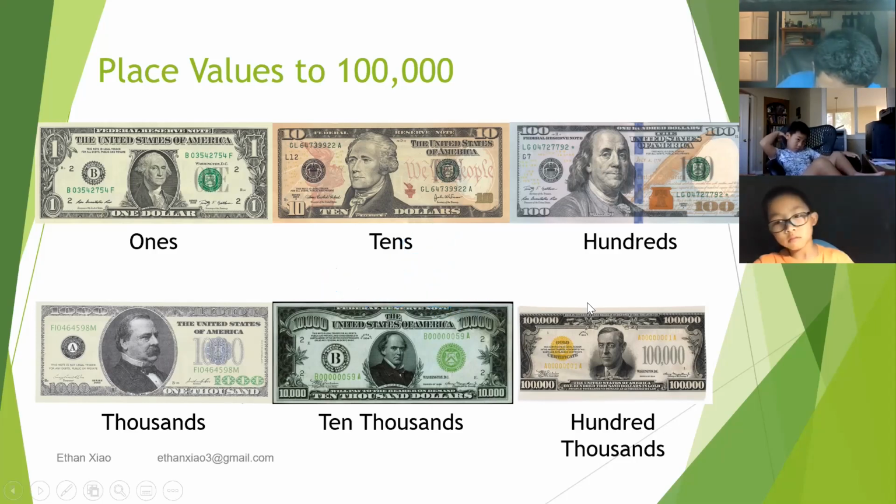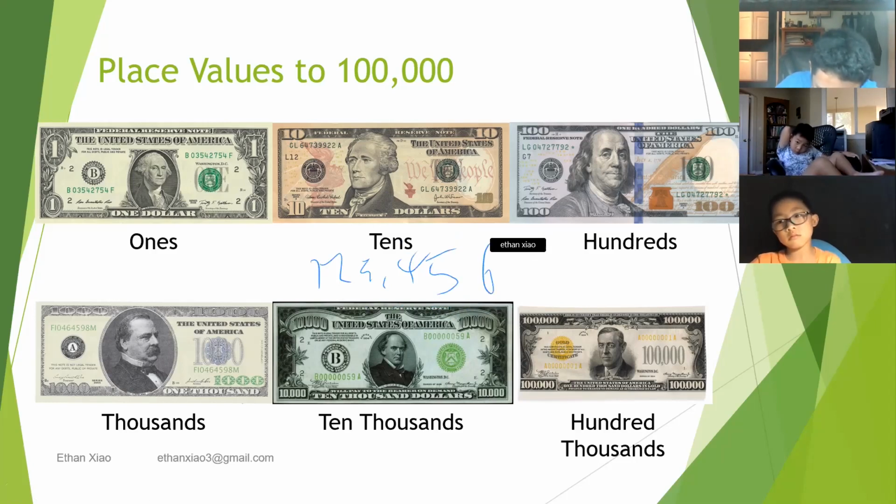So the thousands digit is 3 digits left of the ones digit, which is right here. And the next digit, the 10,000s digit. Did you know that there was a $10,000 bill back then? Which is pretty interesting. I never knew that either.